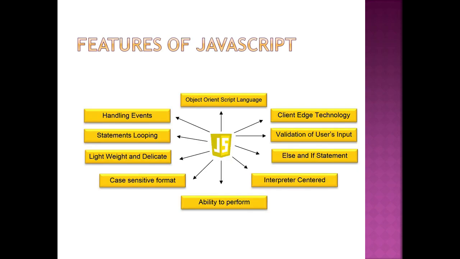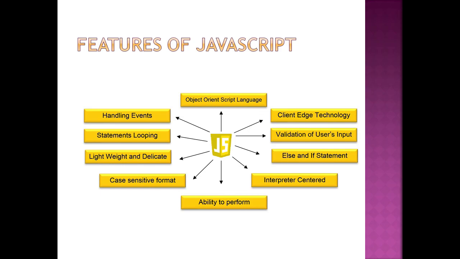Then we are going to discuss the features of JavaScript. When it comes to features, we have 10. The first one is object-oriented script language, or in other words, OOP, object-oriented programming.